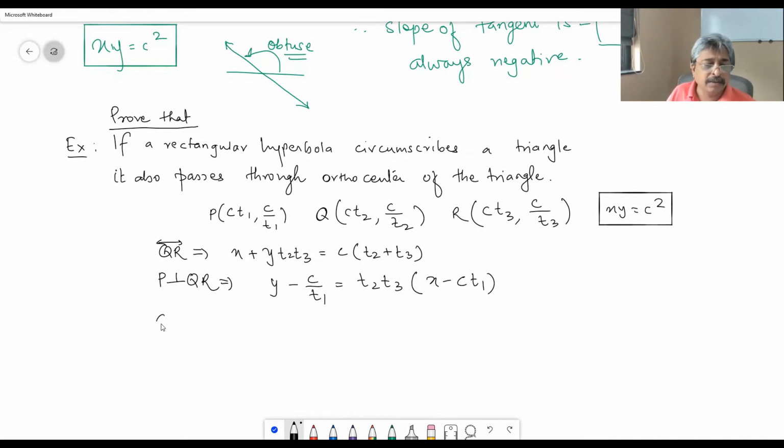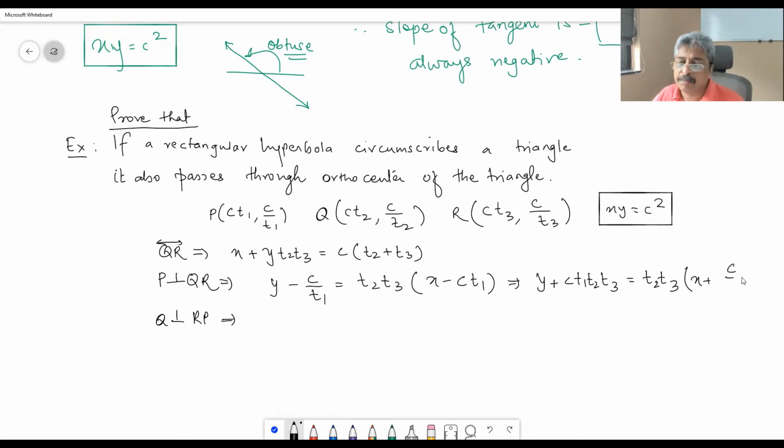Okay, similarly the equation of line passing through Q and perpendicular to RP, directly let me write. This can be further simplified: if you multiply everything by t1, y plus c t1 t2 t3 is equal to t2 t3 inside bracket x plus c upon t1 t2 t3.